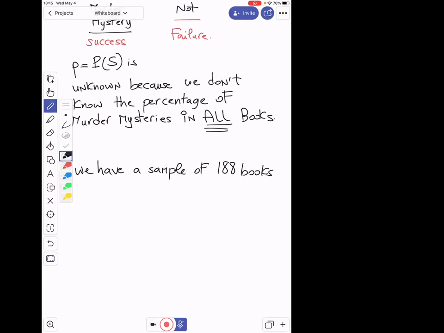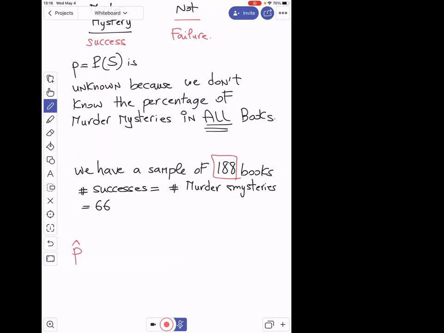So the number of successes here, that's the number of murder mysteries, and that's equal to 66. The proportion of successes in this sample of 188 books, so out of 188, 66 are murder mysteries.